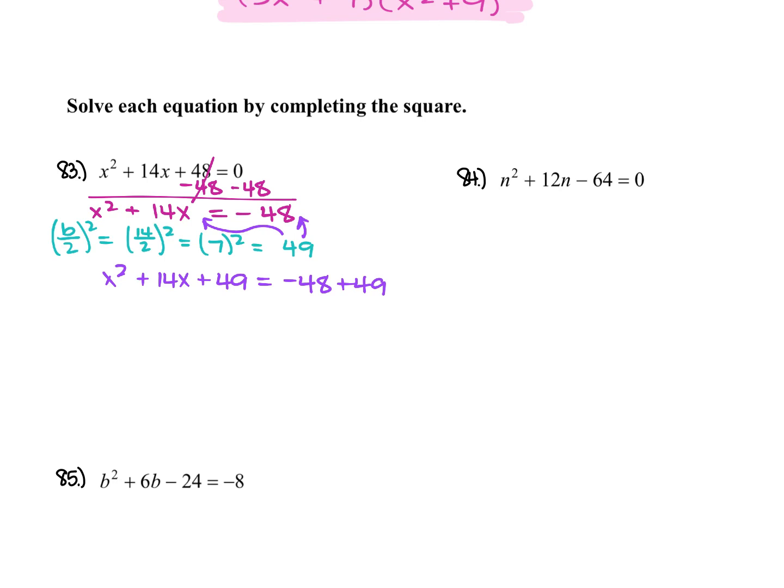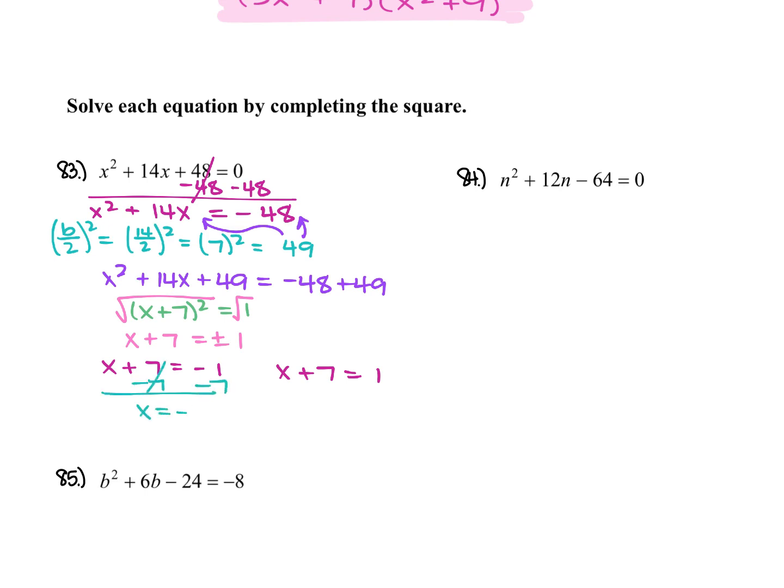Factor the left, add the right. You get x plus 7 squared is equal to 1. Get rid of that x plus 7 squared by taking the square root of both sides. Remember your plus or minus. Because this is not leaving you with a radical, you're going to separate this into two equations and solve both. So you're going to have x plus 7 is equal to negative 1, and x plus 7 is equal to positive 1. Move the 7 over.